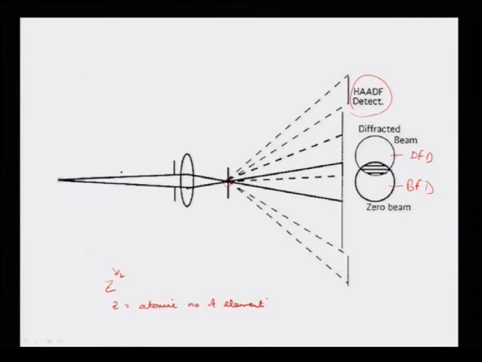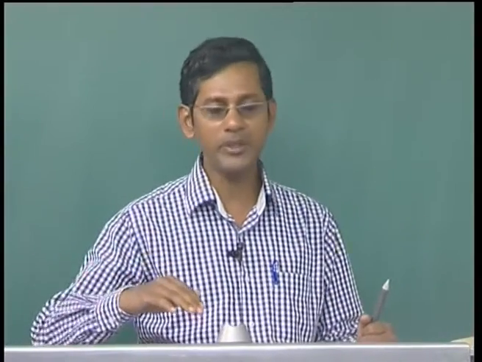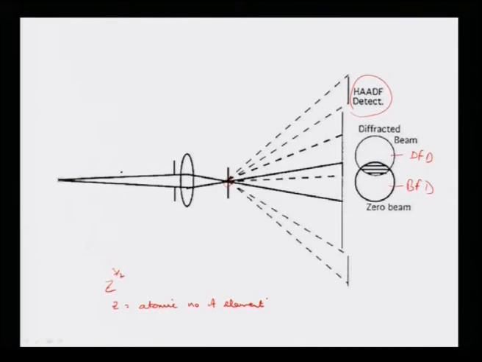This is very clear, and this is routinely done nowadays. In fact, the microscope which I showed you has a HAADF detector, which takes the signal coming from the specimen at a little larger angle than the commonly diffracted beam in an annular detector and displays it on the computer screen.